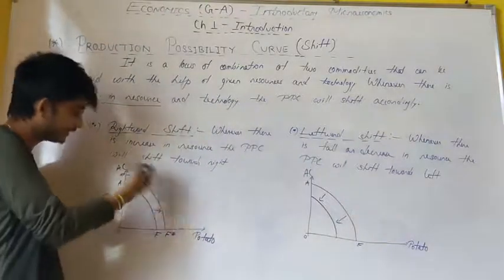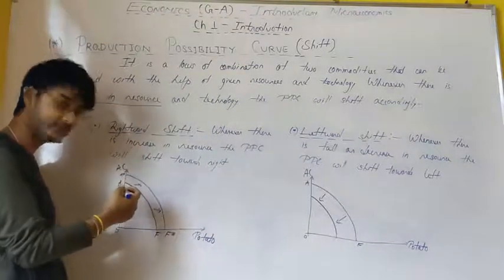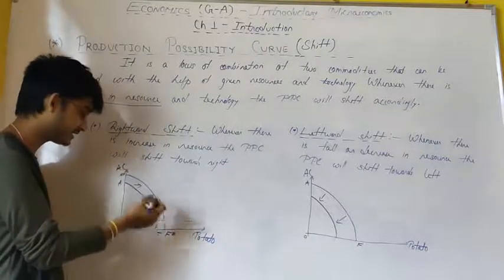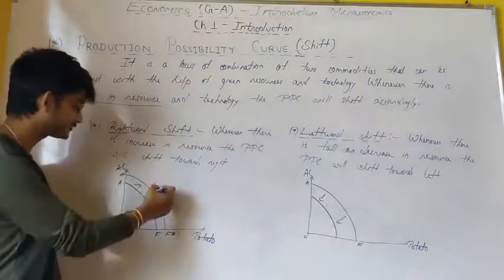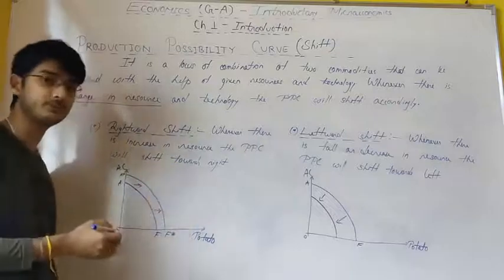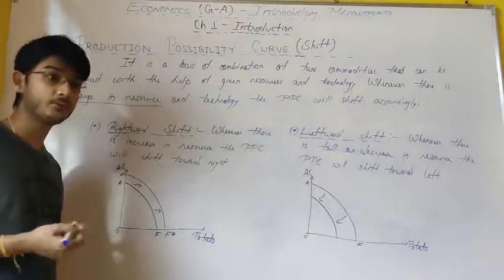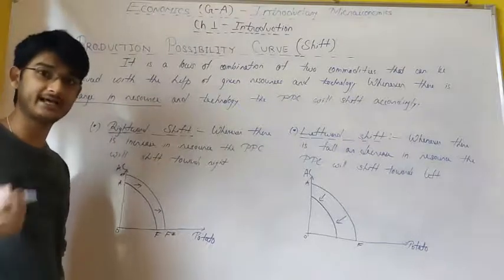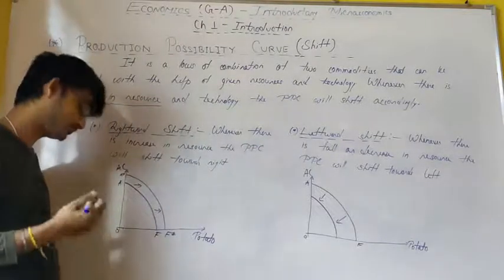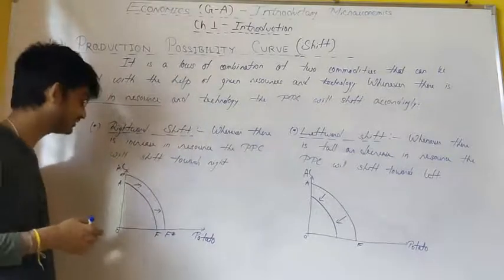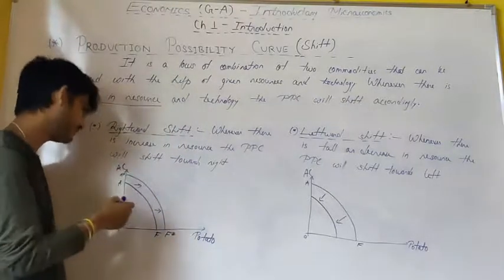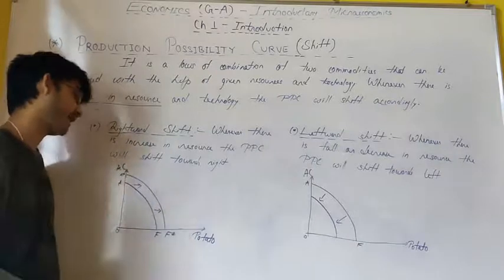There we attained some previously unattainable combinations, but beyond that there are more unattainable combinations too. Even if there is an increase in resources, we cannot increase our resources in an unlimited way. Resources are limited, so we will produce at the maximum level.